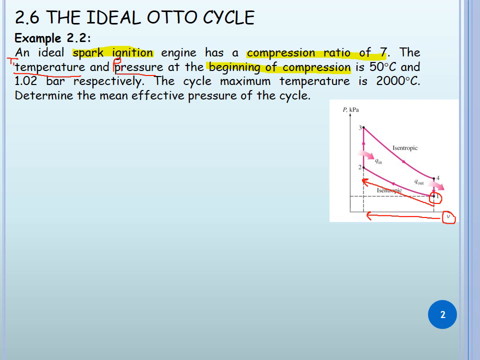Then we continue to read and understand the example. It says that the maximum temperature is 2000 degrees Celsius.